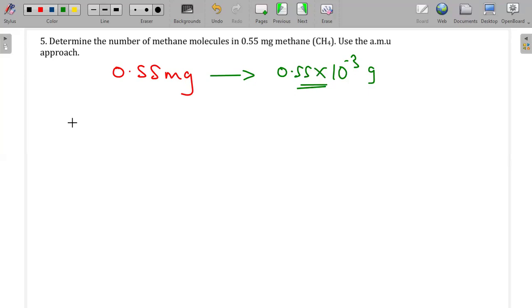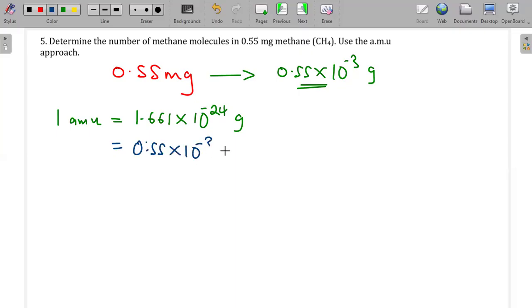So the next thing is to use the relationship that I have. 1 atomic mass unit is equal to 1.661 times 10 to the power minus 24 grams. So what about these grams here? How many atomic mass units am I going to have? That would be 0.55 multiplied by 10 to the power minus 3 grams is equal to x.